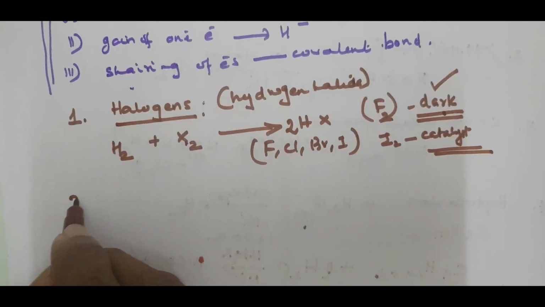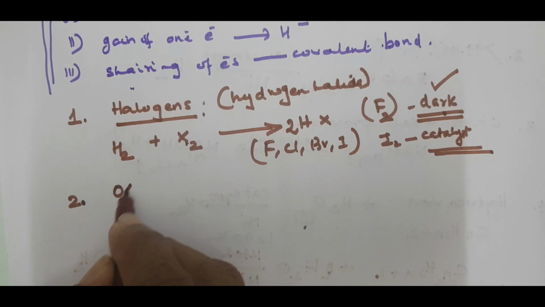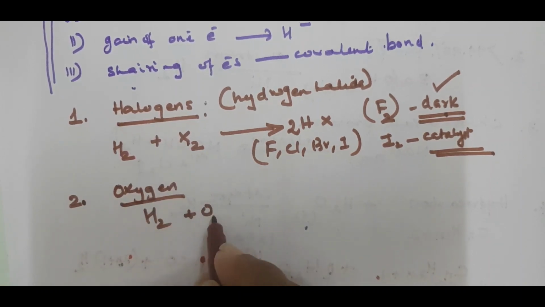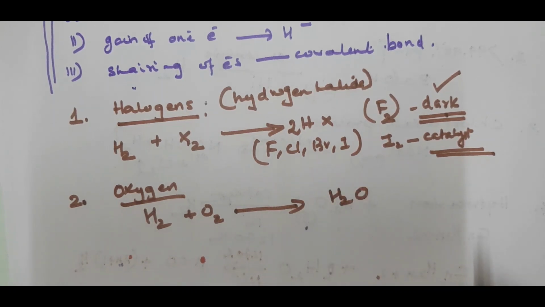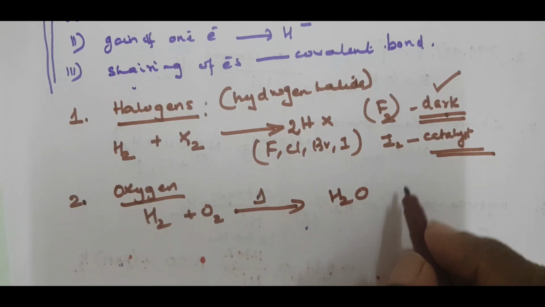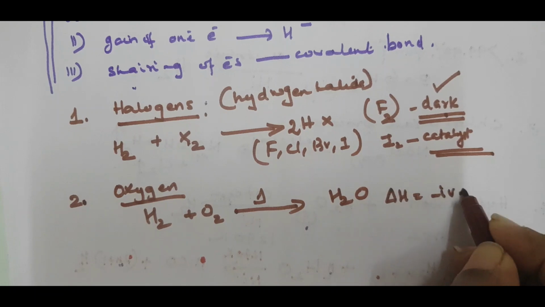Now, the second reaction is with oxygen. What will be the reaction of hydrogen and oxygen? Nothing but water. With a catalyst or heating it reacts, and the reaction is exothermic. Exothermic means delta H will be negative.